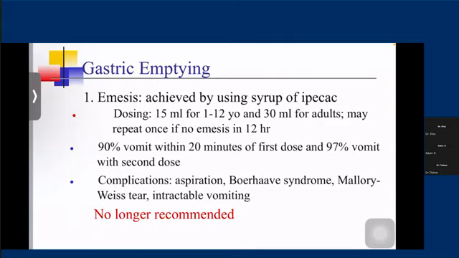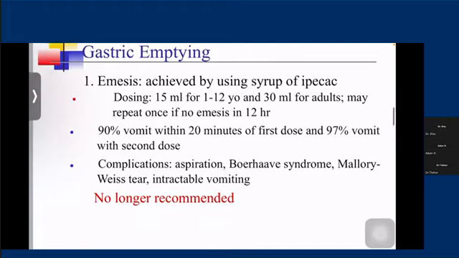There are associated complications like aspiration, Mallory-Weiss tear, and intractable vomiting. But generally this is no longer recommended because when we compare risk and benefit, the risk outweighs the benefit. So it is always better to avoid giving syrup of ipecac because there's no mortality benefit.